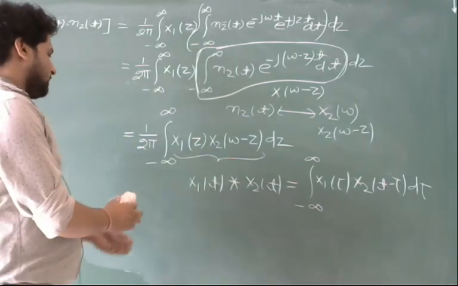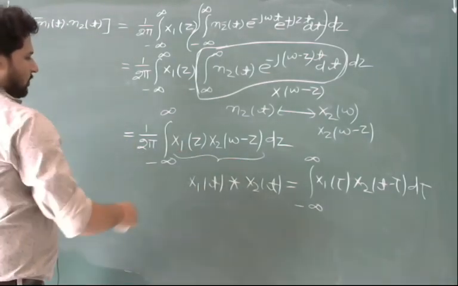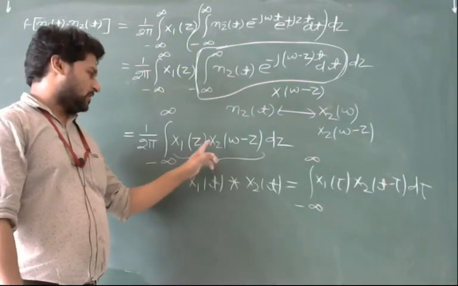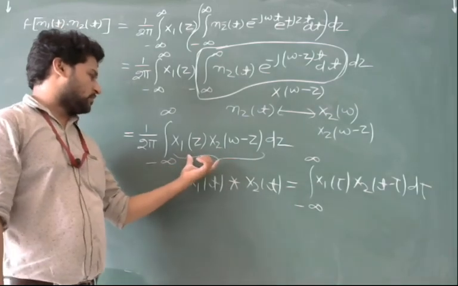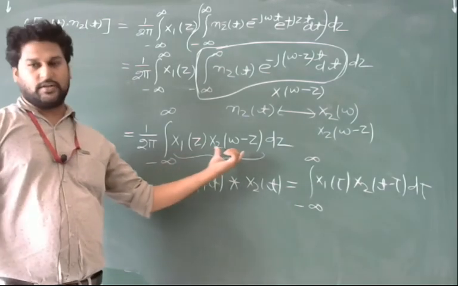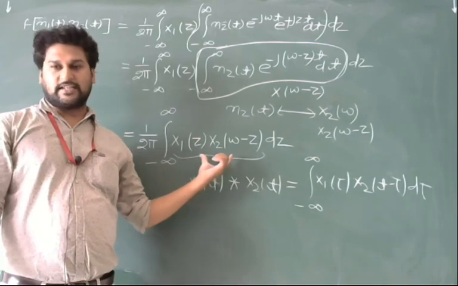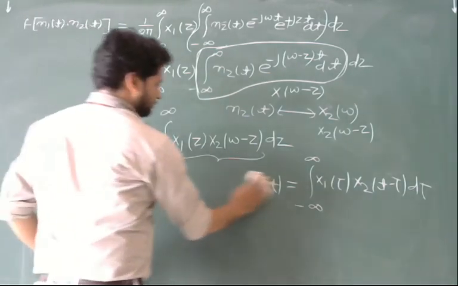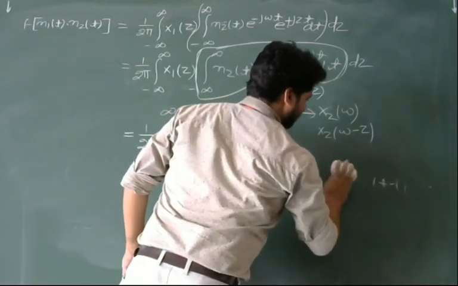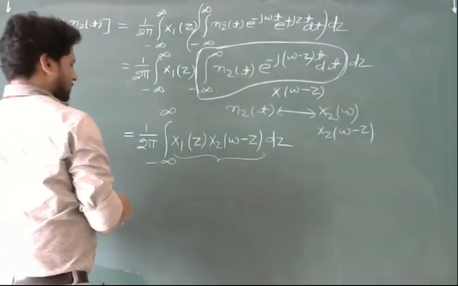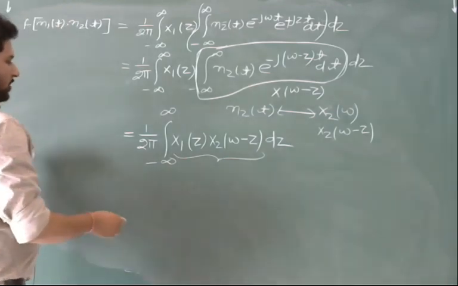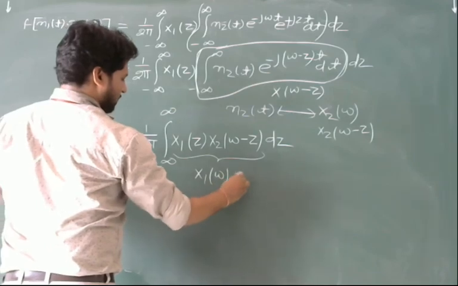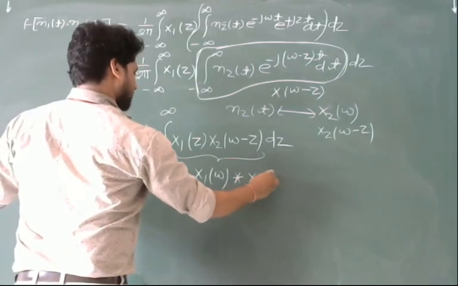Now it means that this is the convolution of the signal X1(omega) and X2(omega). On comparison with the standard relation of the convolution, we can write it as X1(omega) convolved with X2(omega).